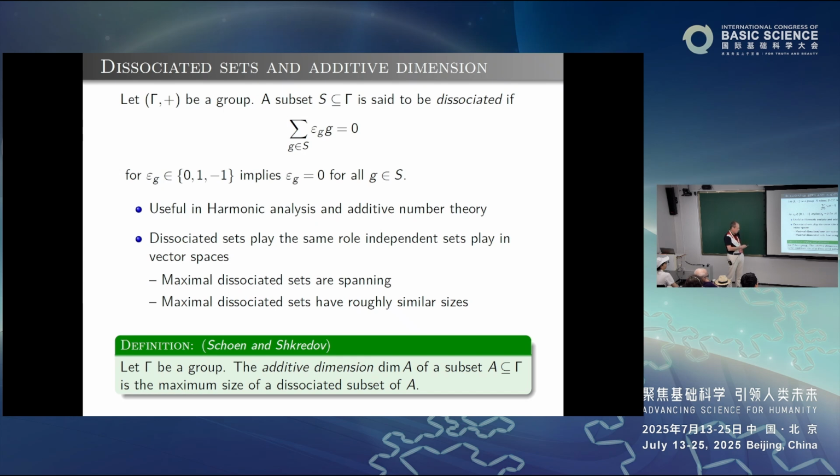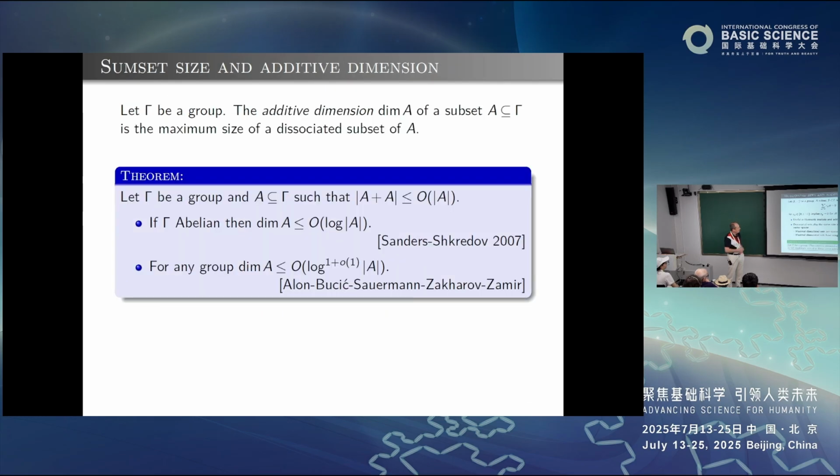So if we believe this intuition, if I have a thing which is very close to a subspace, and imagine my set is over a finite field, say GF2, then the dimension of this set should be logarithmic in its size. That would be the intuition. And indeed, such results were proved.